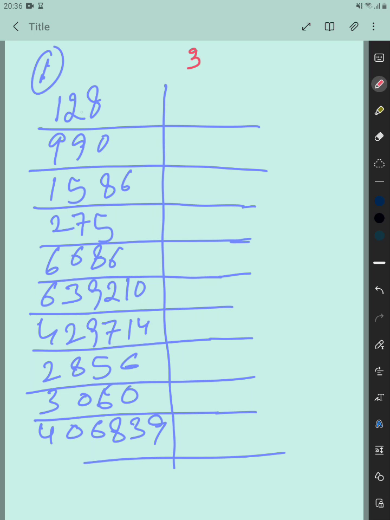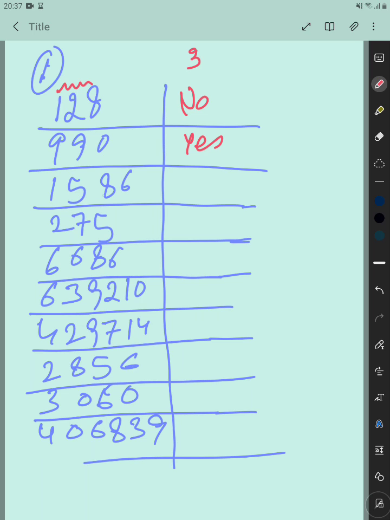So you need to sum all the digits. 8 plus 3 is 11, it is not divisible by 3, so it is no. Then 990: 9 plus 9 is 18, plus 0, 18 total. Since 18 is divisible by 3, it is yes.